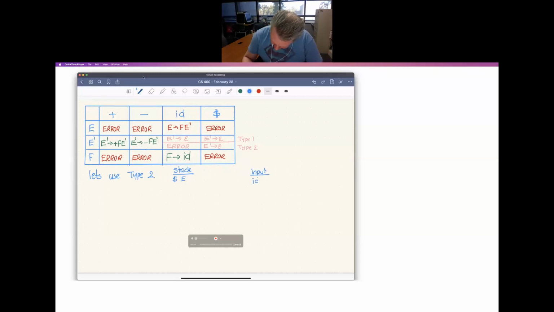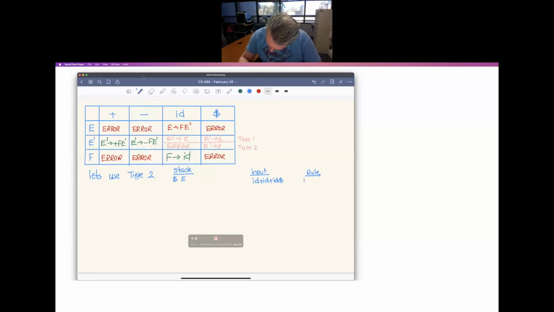We'll start with ID plus ID plus ID dollar. And then we'll figure out what rule we used. On an E, the next input is an ID. On an ID, I replace that E by F E prime.